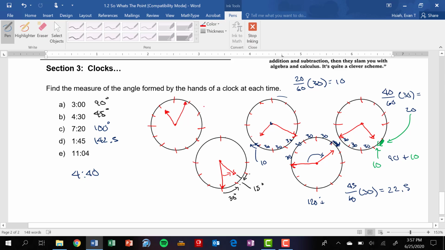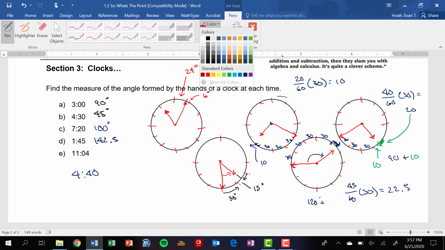So if each 5-minute increment is 30, how much is each of these little minutes here? Well, hopefully you can recognize that it's just going to be 30 divided by 5, or 6 degrees. So I know that this portion right there has to be 24 degrees.